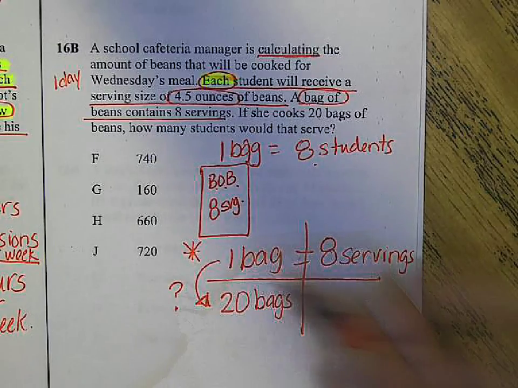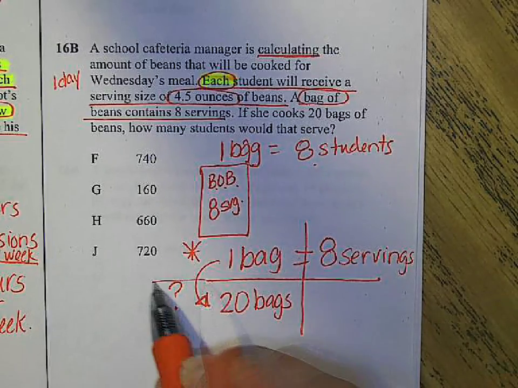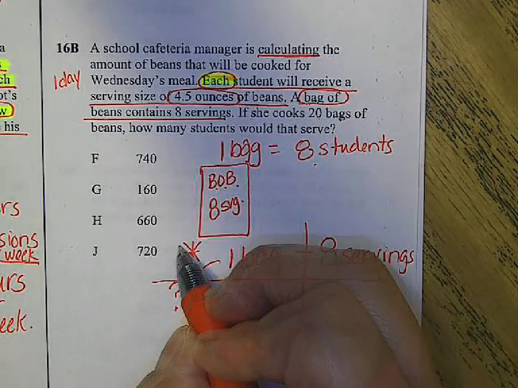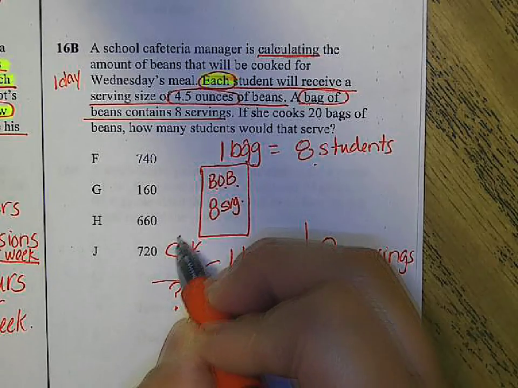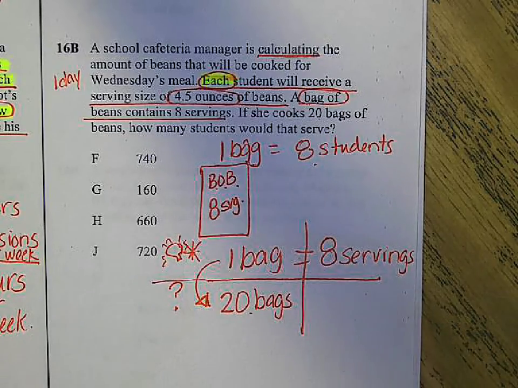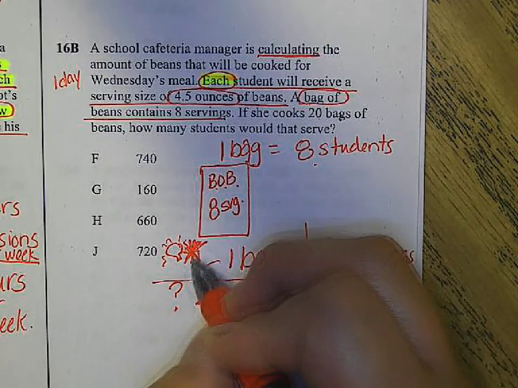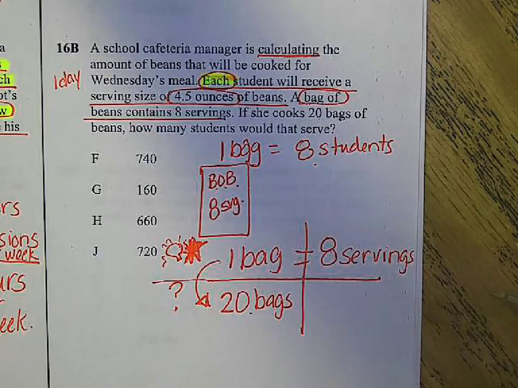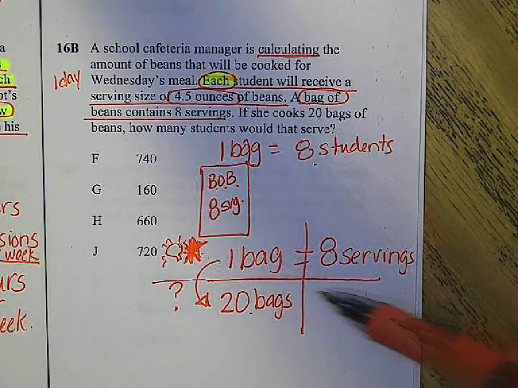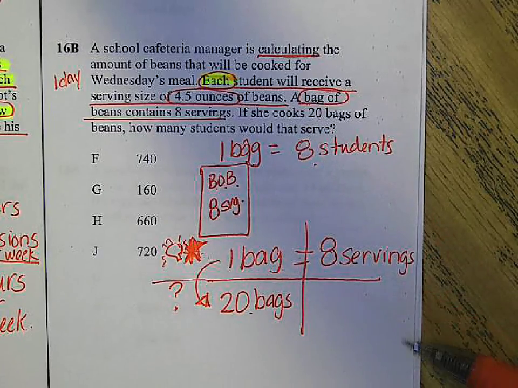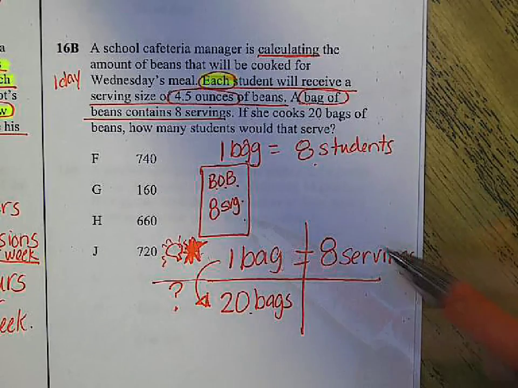What is it that my question is asking me now? 20 bags. So this, and I put a little light bulb usually because the light bulb tells me that's what I know. And where do I know that from? The STAR question. What is the STAR question? This one up here. One bag equals 8 servings. Right? For every one bag, we got 8 kids eating.